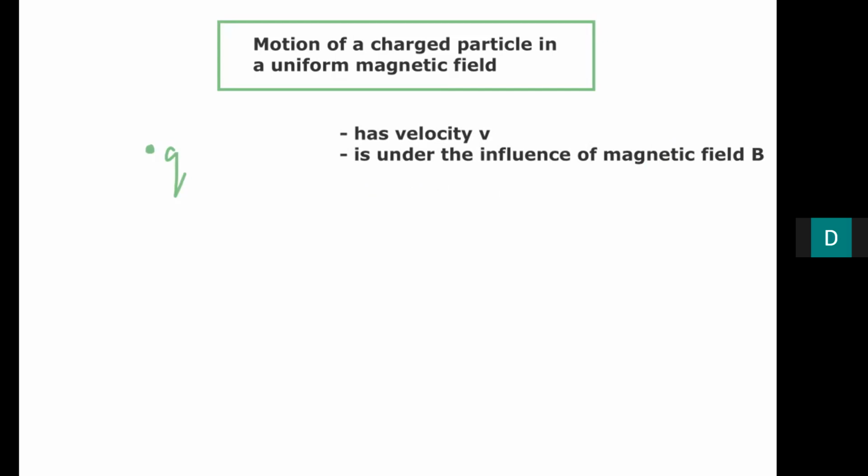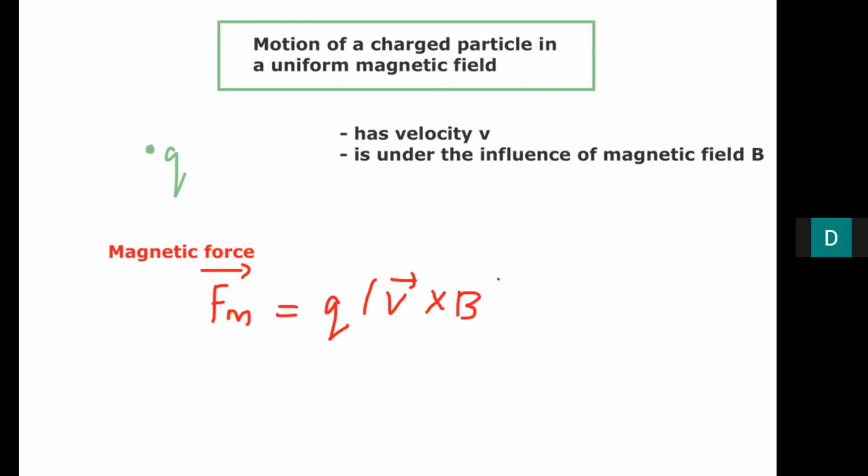Basically, if I want to write an equation for magnetic force, I can write it as follows. First of all, magnetic force is Fm, so F is equal to Q into V cross B. It is a cross product basically.